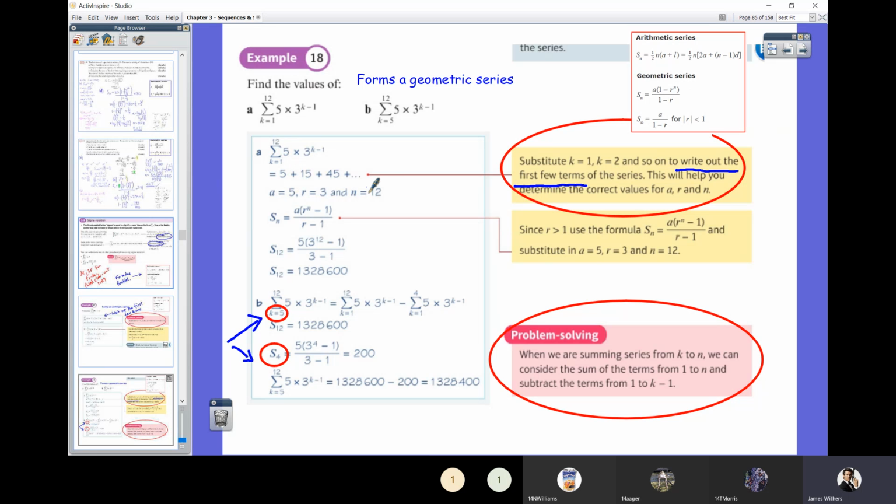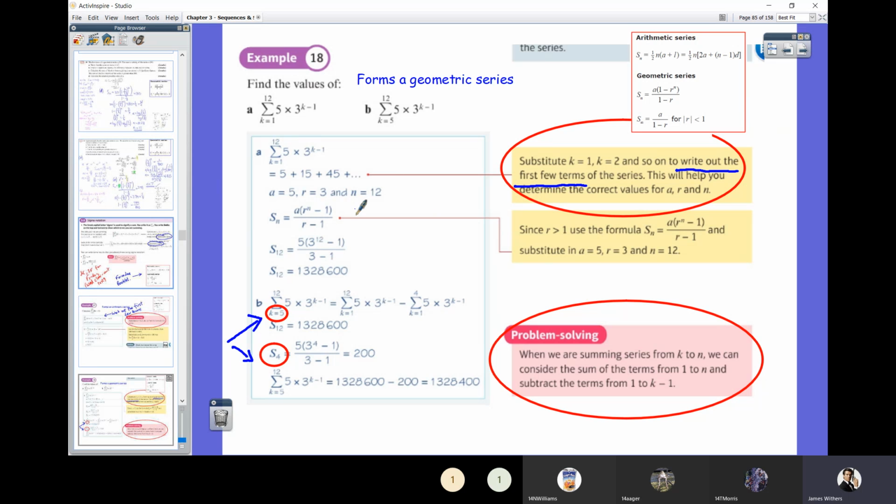So I can see that's a geometric series, and I just use the appropriate geometric formula. By the way, you see in the corner that's how it looks in the formula booklet. Just to recap, we're given both versions for summing an arithmetic series, the sum for a specific number of terms in a geometric series, and the sum to infinity when the modulus of r is less than 1. So just remember that's what we're given.